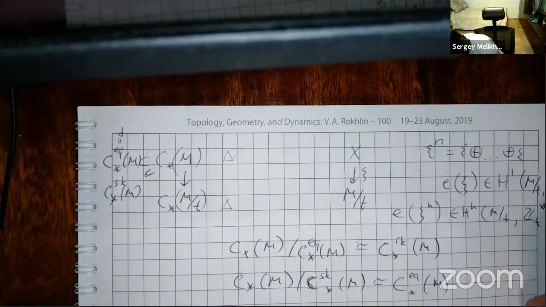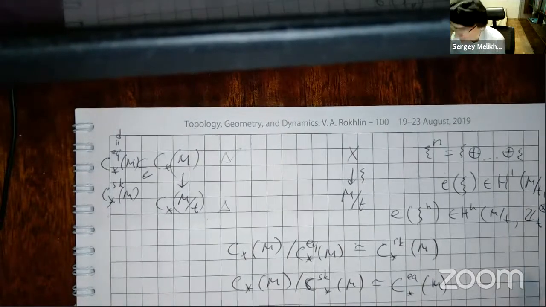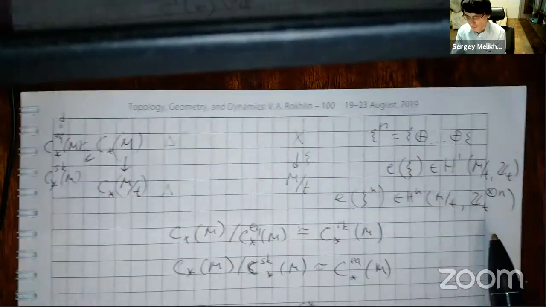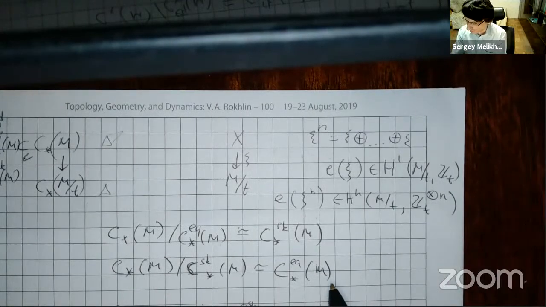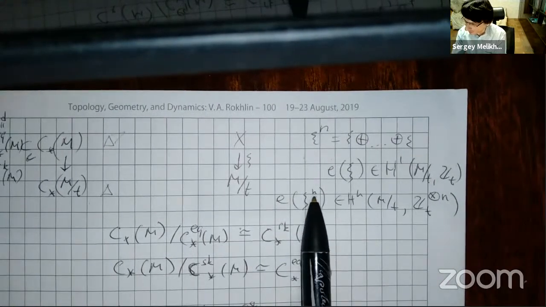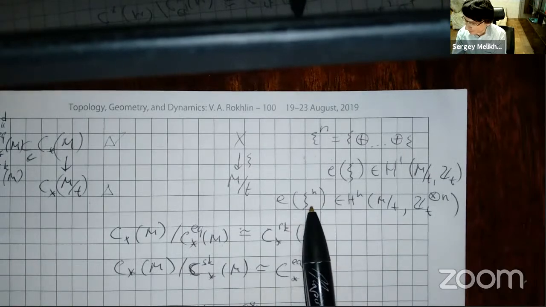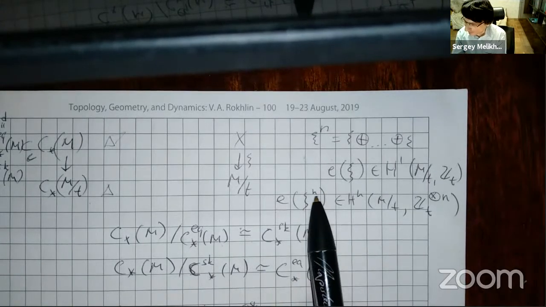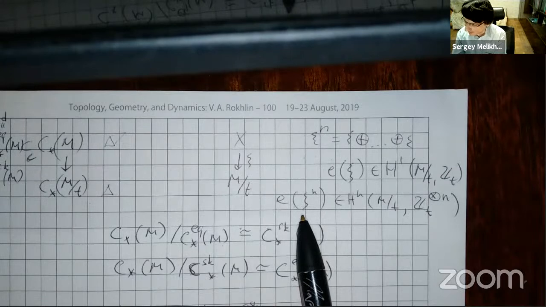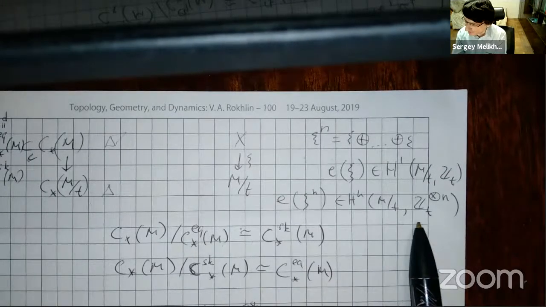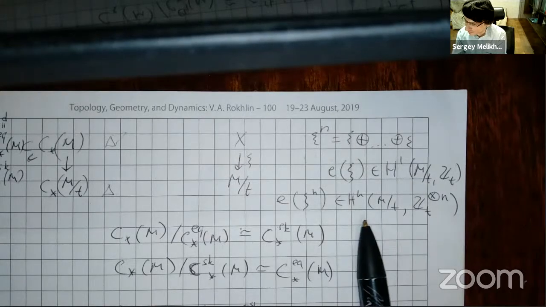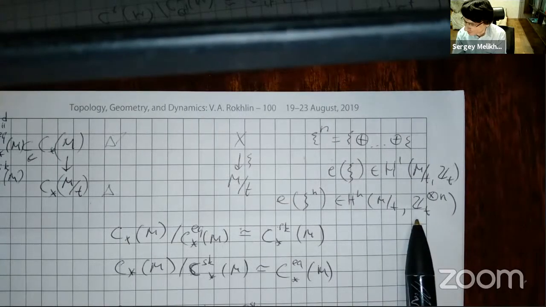So you can say that it is the nth tensor power of this shift. When n is even, this is an orientable bundle, and then this is the usual Euler class, which lives in cohomology with integer coefficients.